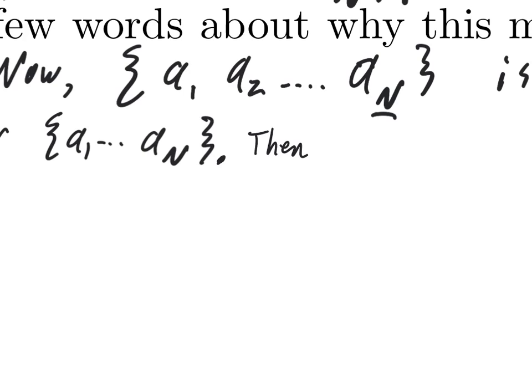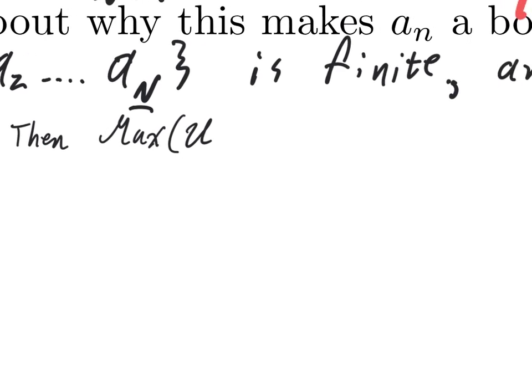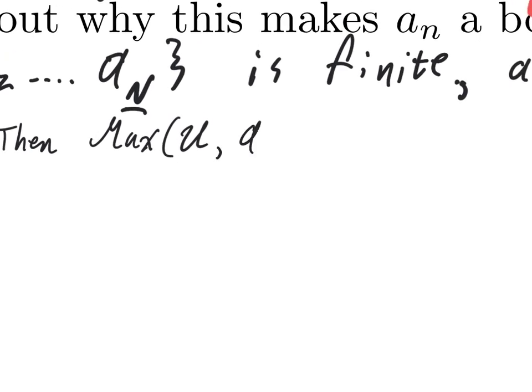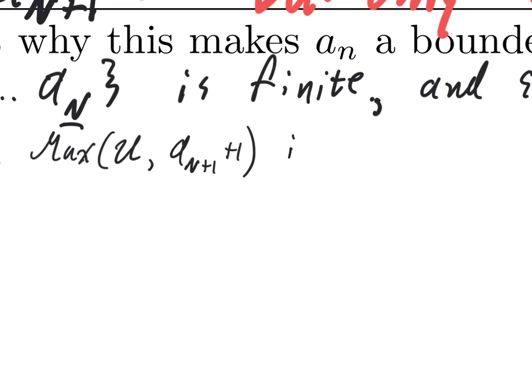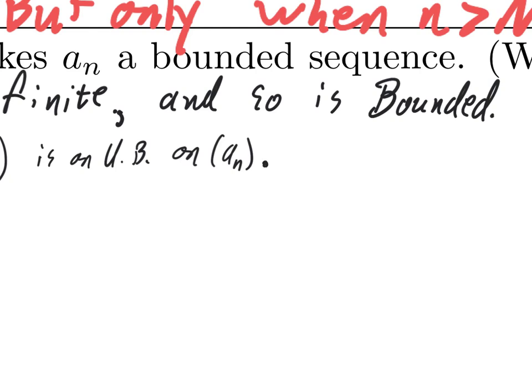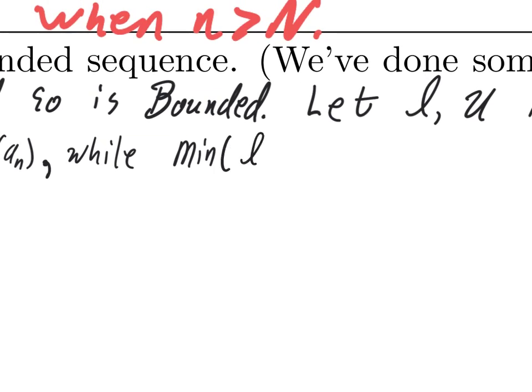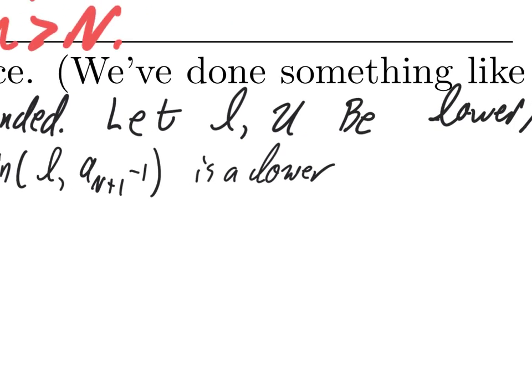Then the max between the upper bound that works when little n is less than big N and the upper bound that works when little n is bigger than big N is an upper bound on a sub n, while the min between the two partial lower bounds is a lower bound.